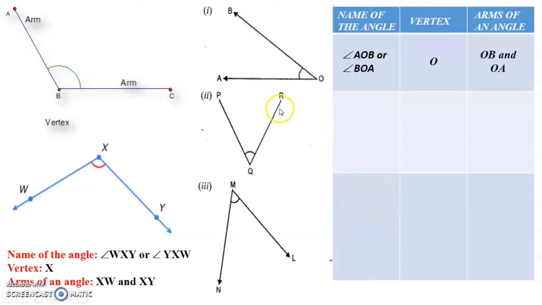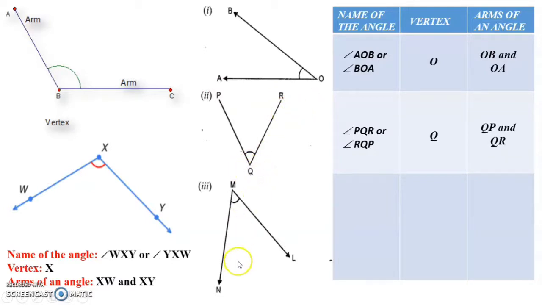Now in the next example, we have angle PQR, or we can say angle RQP. So the names of the angle are angle PQR or angle RQP. And the vertex point of this angle is point Q, which joins the two lines. And the arms of the angle are QP and QR.